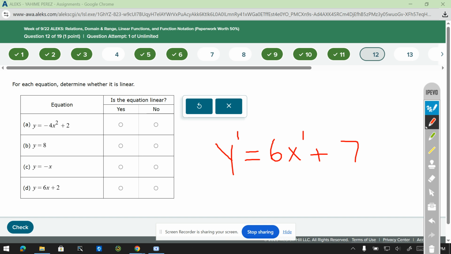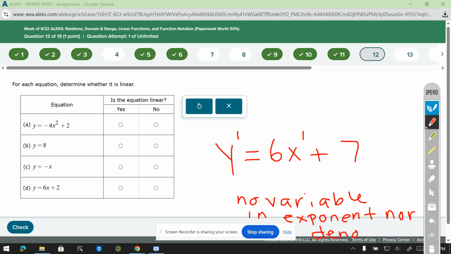This means that we do not want any variables in the exponent, nor do we want them in the denominator. So it is linear as long as it has an invisible 1 as exponents.